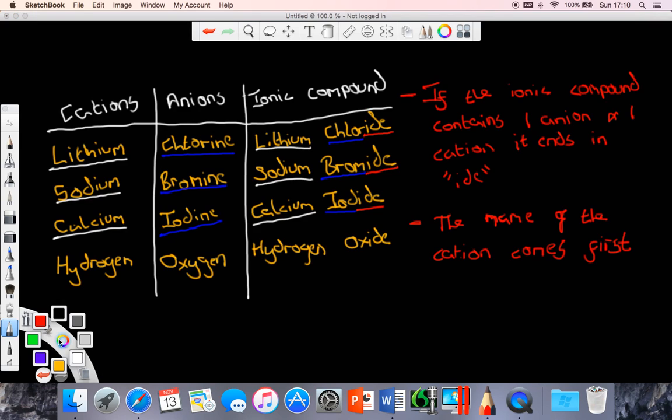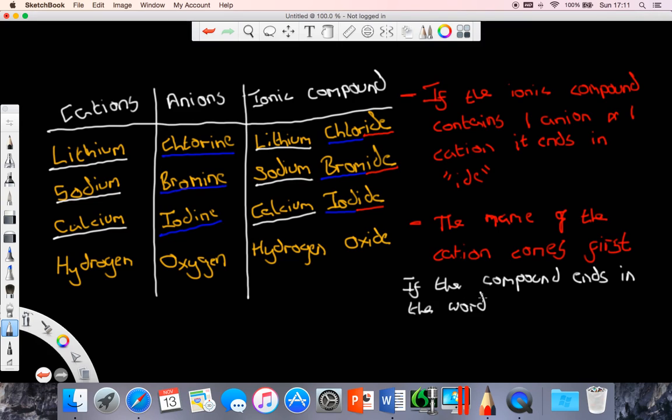If the compound name ends in the word "-ate", this means there is a cation, an anion, and oxygen.